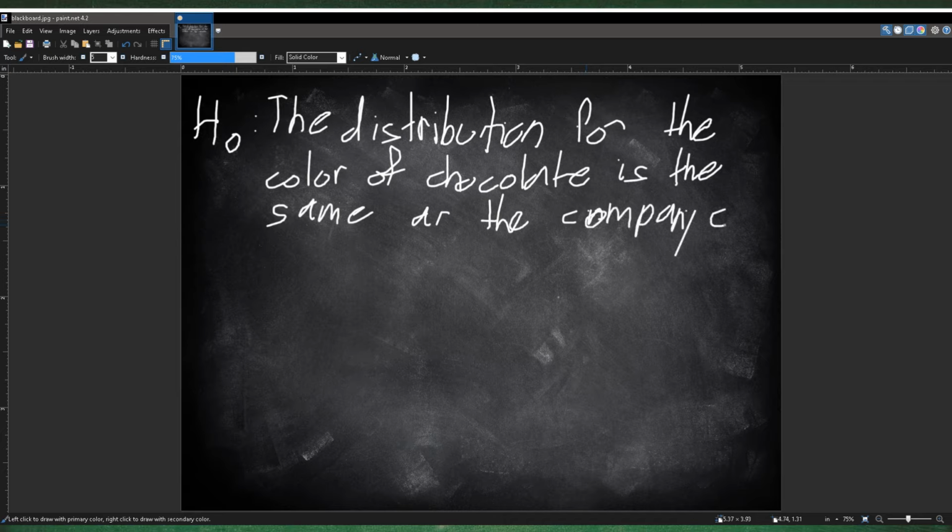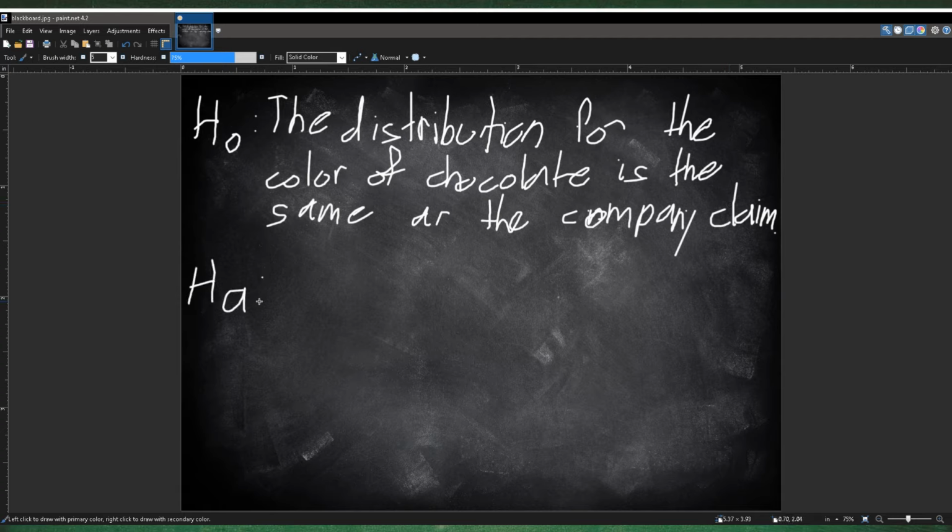So they claimed that 40% was red, 25% is blue, 20% is green, and 15% yellow. So we're saying our sample has the same distribution, or somewhat the same.